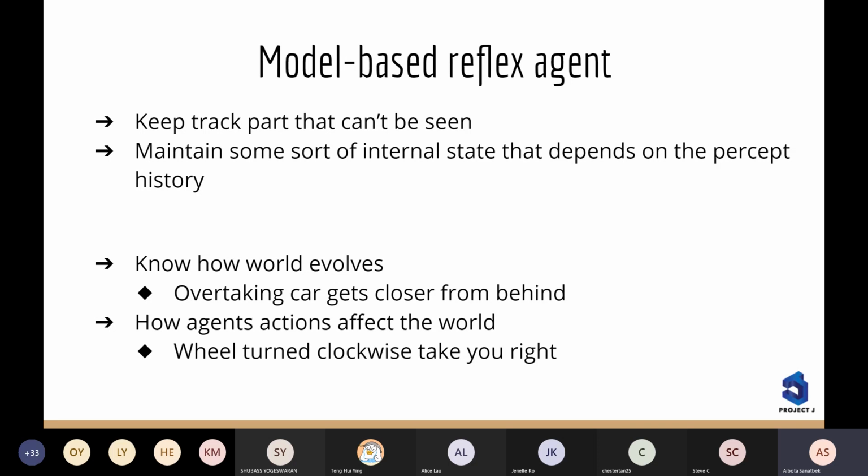If the agent decides to turn its wheel clockwise, it knows that it will eventually take it in the right direction, and it will know that this action will affect the world somehow, right?